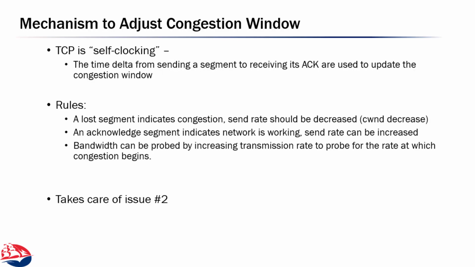So how do we adjust the view of what the congestion status really is? Well, what we're going to do is TCP is going to maintain a clock for each packet that it sends. And we're going to measure from the time that I send the data until I get the acknowledgement back. And that time delta is going to be used to update the congestion window.